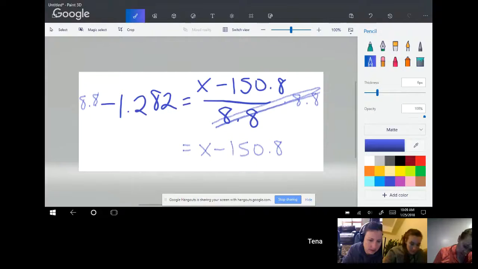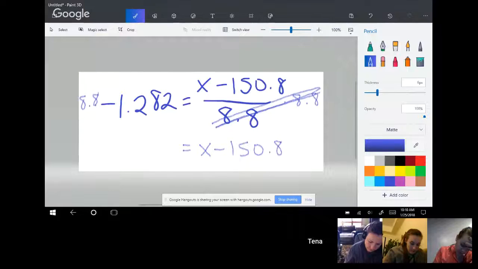Maybe, possibly. So 8.8 times negative. Do I just put negative like in the very beginning? You've got to hit the plus or minus button to get a negative.